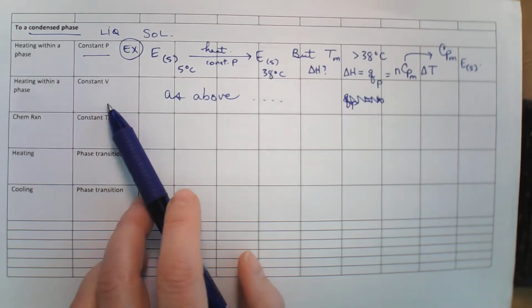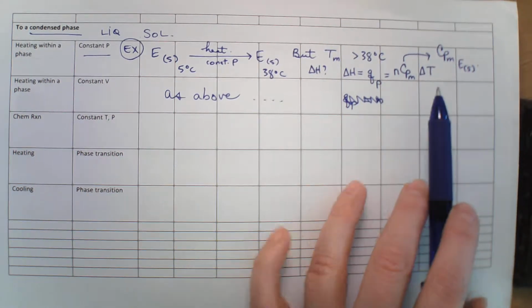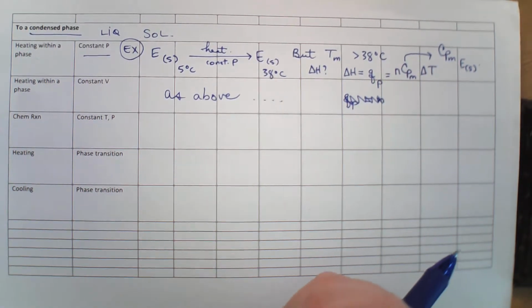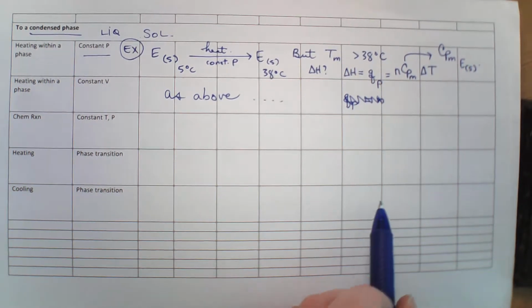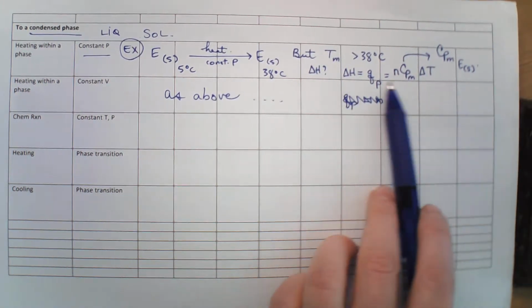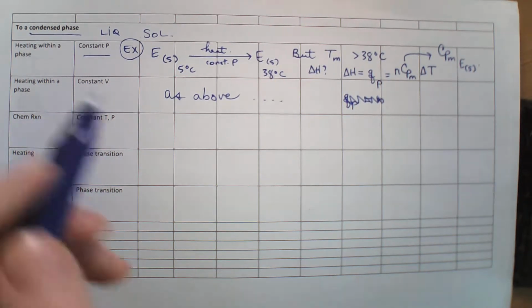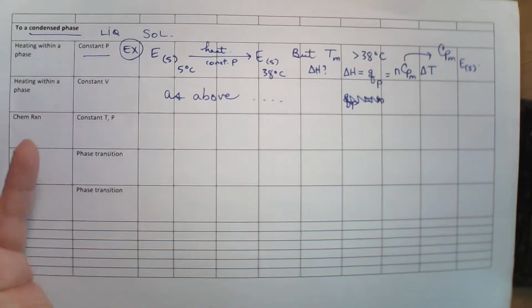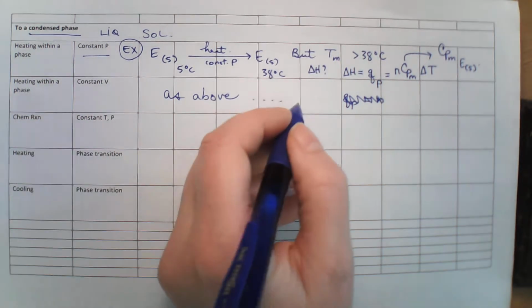I would want to do a CV molar, but again, for condensed phases, we don't use a different value. So I'm using this, but I would like to know if I can use the same value.